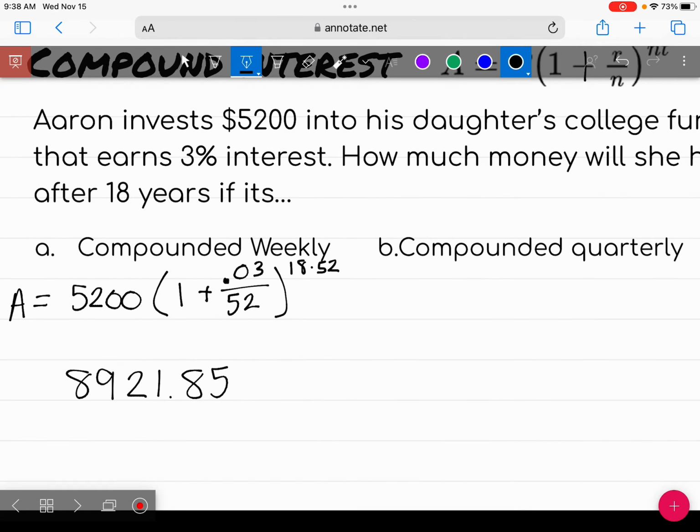What do we get if we compound it quarterly instead? And also double check his work because I didn't type in the calculator.